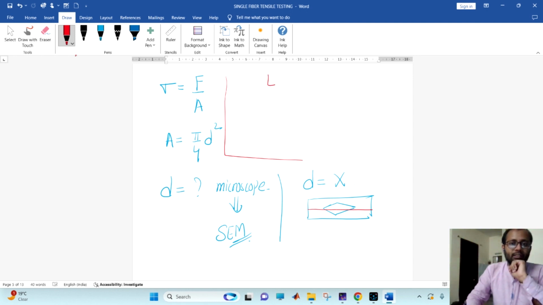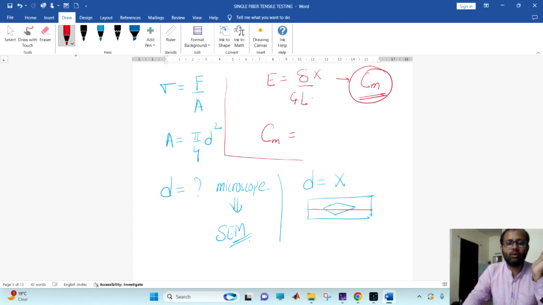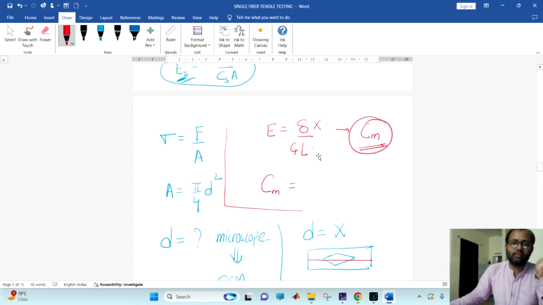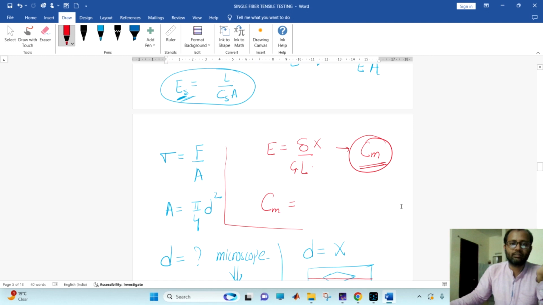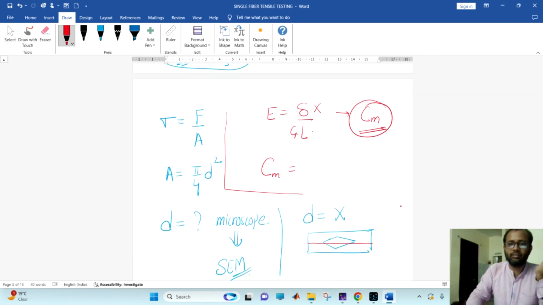For the E values, we know that we cannot use this delta by gauge length. For that, we have done the correction by using the compliance of the machine. When we know the compliance of the machine, we can use the formula we have just calculated, that is L by CSA, gauge length divided by CSA. Sorry, I have written it wrong: C_specimen, that is E corrected.